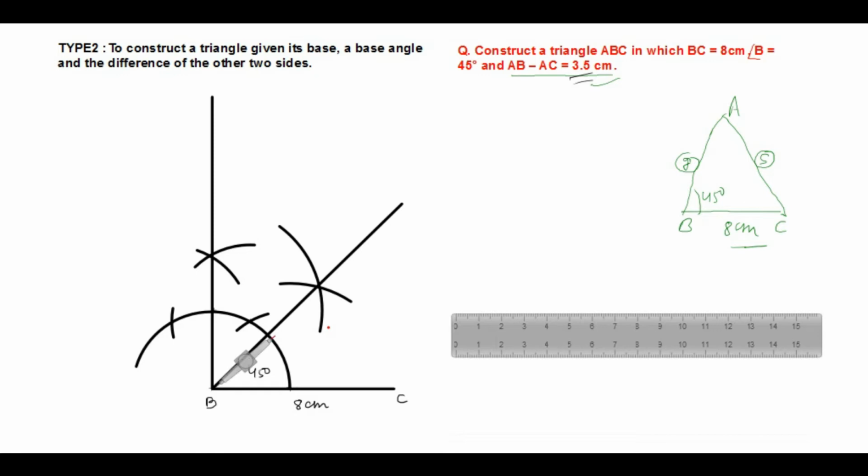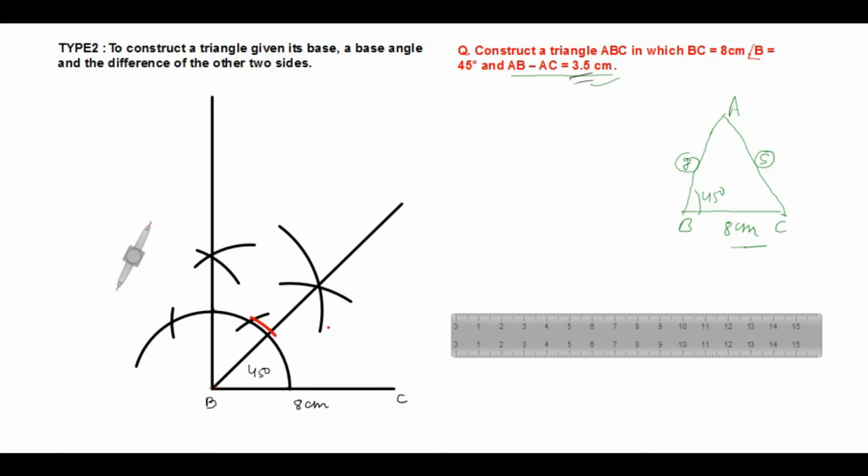I am changing the color so that you can understand it better. So from here you cut one arc, and this is the point.